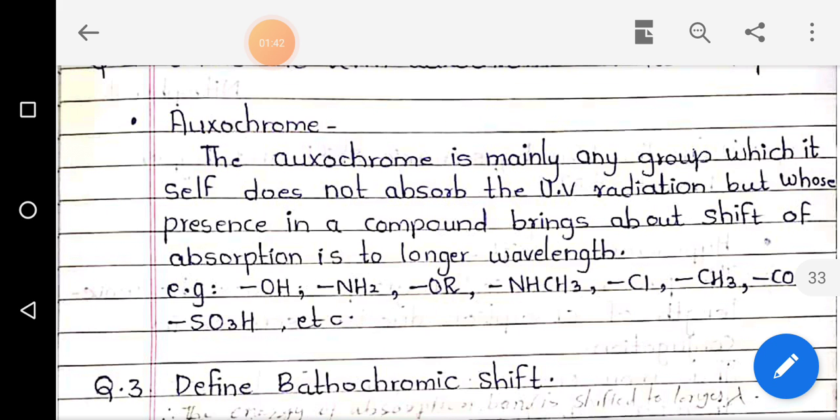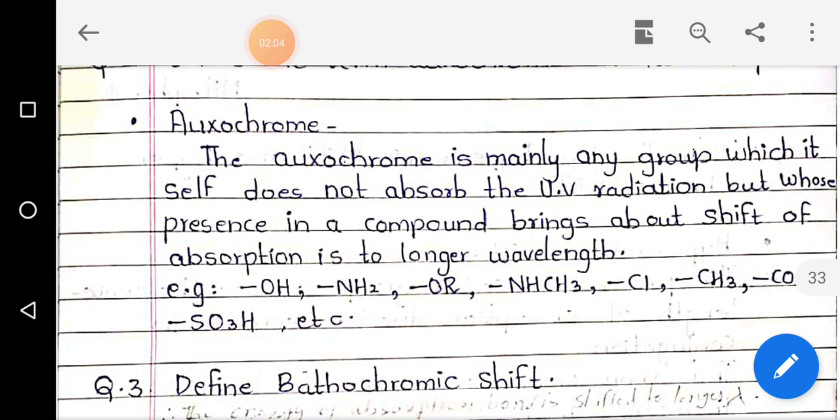So these groups are attached to any compounds. They help to improve absorption and increase the wavelength.